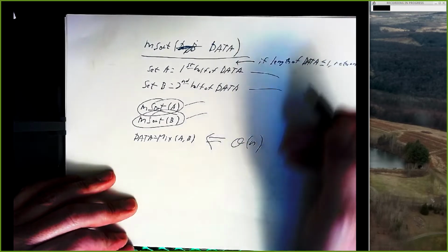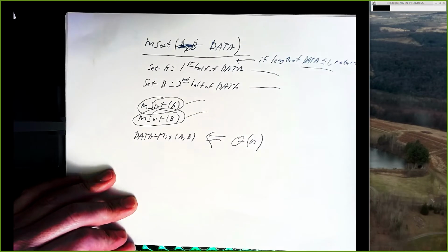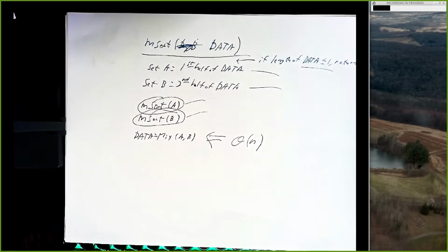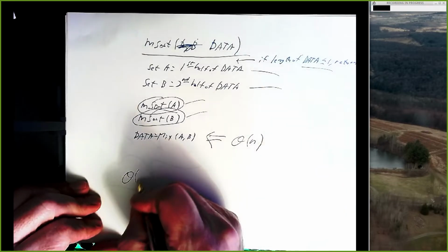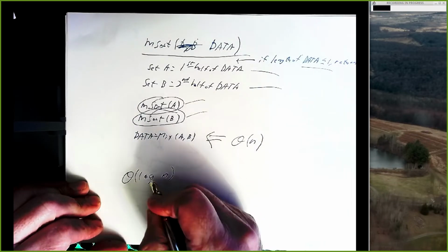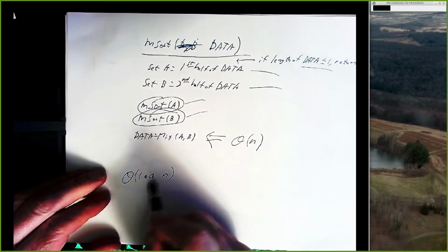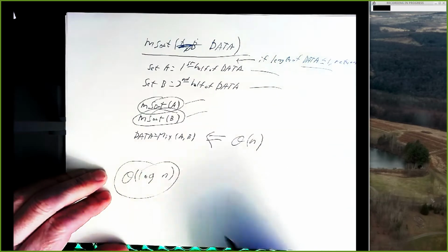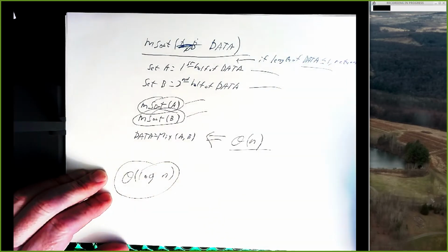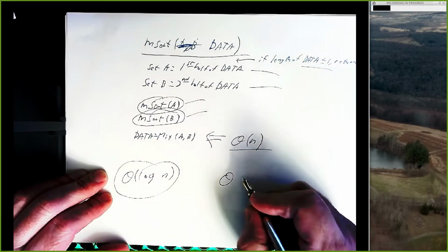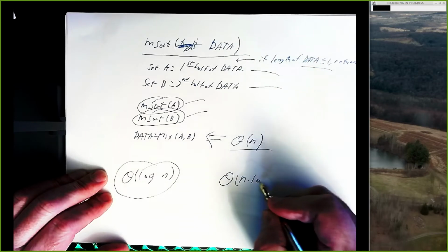And we keep recursing until our data has length 1. And so how many times can you cut something in half until it's equal to 1? That's roughly logarithm base 2 of n. So this is how many times we call msort, and each time we call msort it takes order n. And so a full merge sort is order n log n.